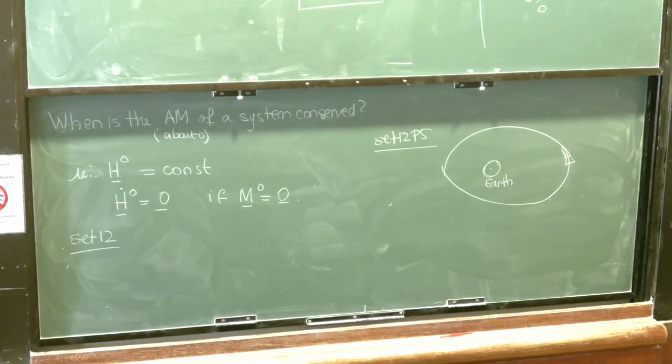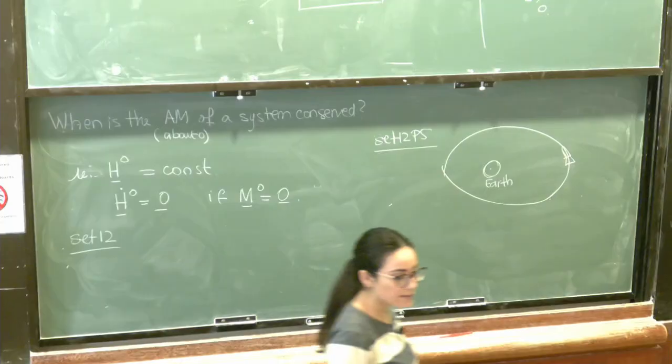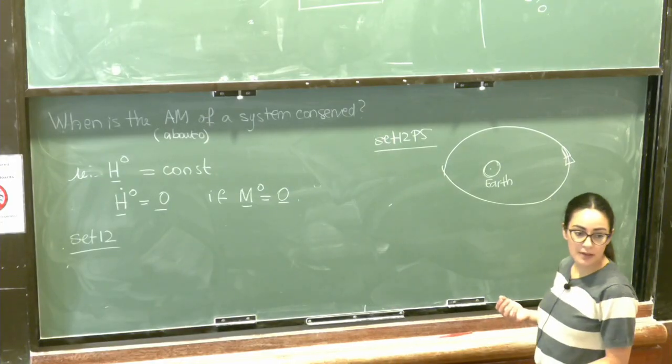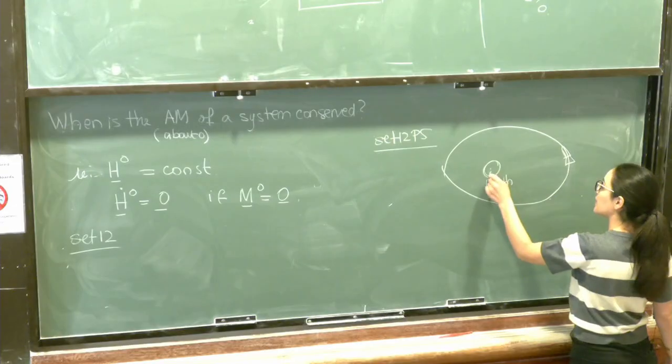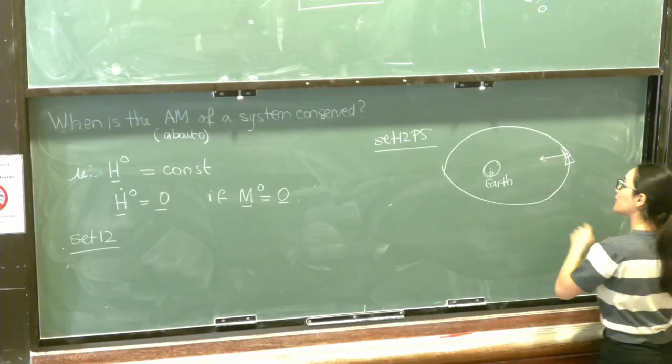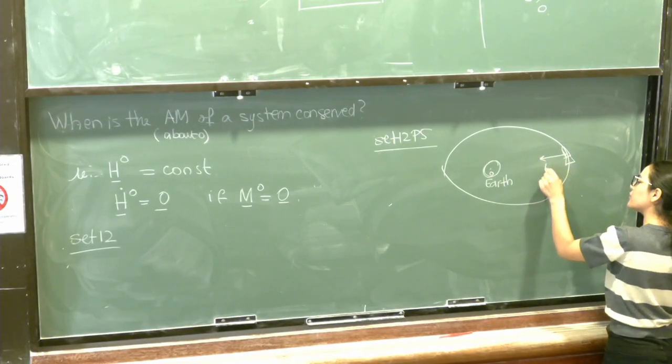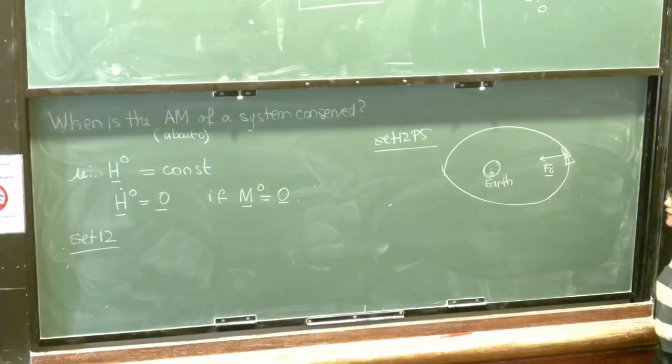For this problem, what are the forces acting on the space shuttle? Gravitational pull. What is the direction of the gravitational pull? Towards the center of the Earth. If I take this to be the origin, this is my gravitational pull. Any other forces acting on it?